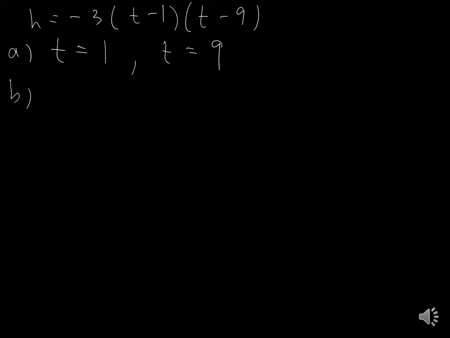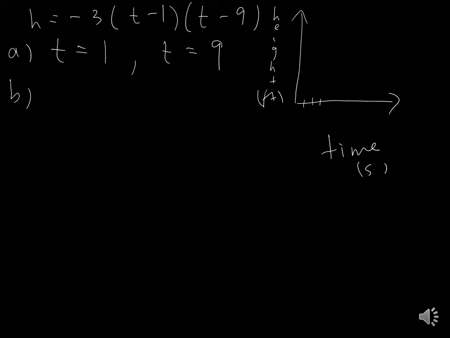Question B more or less asks, what do the zeros mean? So maybe we'll draw a little sketch. It's always a good idea to make a sketch. So we've got time in seconds, and we have height in feet. And 1, 2, 3, 4, 5, 6, 7, 8, 9.